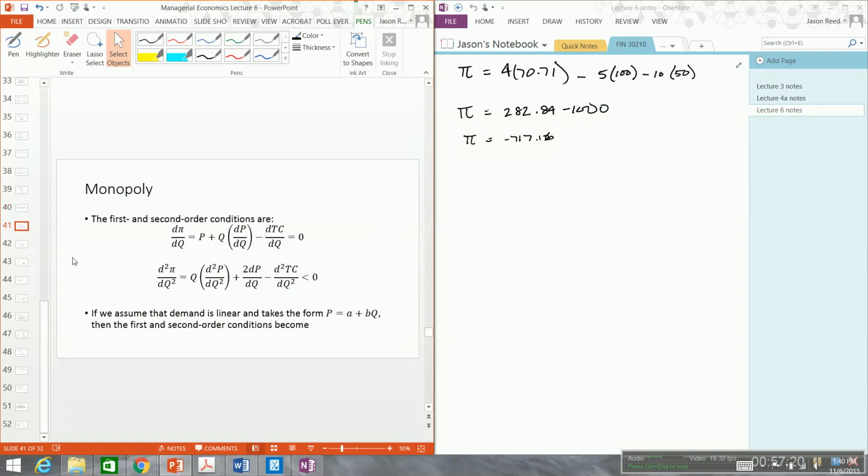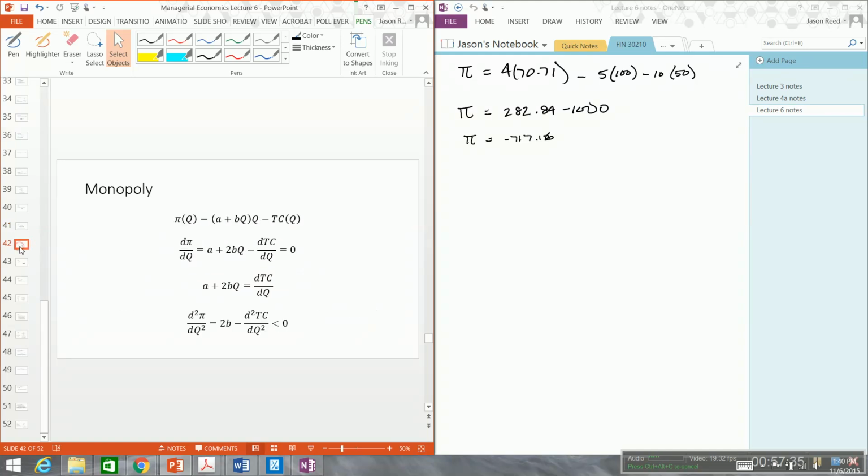And so we can take our first and second order conditions, but to simplify this, we assume again that the demand is going to take a linear form, so that our demand curve, P is equal to A plus BQ, is going to be substituted in for what we know. And if that's true, then what we see is that we again have this idea that this is our marginal revenue.